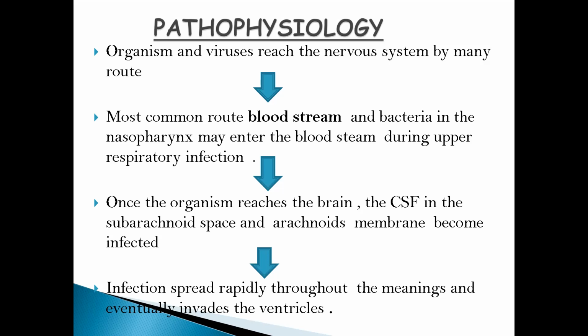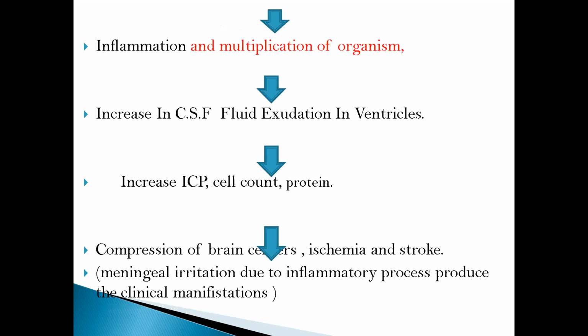Once the arachnoid membranes become infected, the infection spreads rapidly throughout the meninges and eventually invades the ventricles.